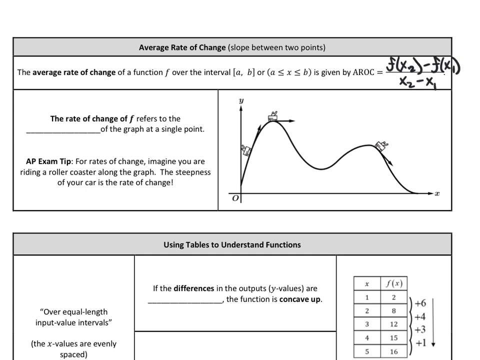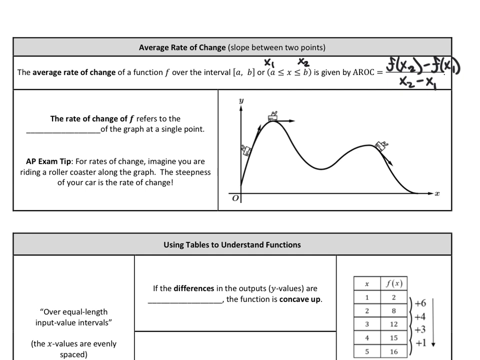Now, because this definition says a and b, I want you to think of a and b as the x1 and the x2 based on the definition you just said. So you could have also said f of b minus f of a over b minus a, which if we're headed towards calculus gets you closer to the definition of a derivative, so that might be one we want to start memorizing. But this is the same idea. It's fancy slope, bless you.